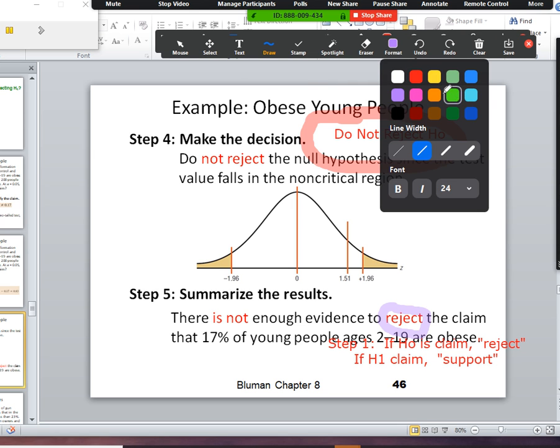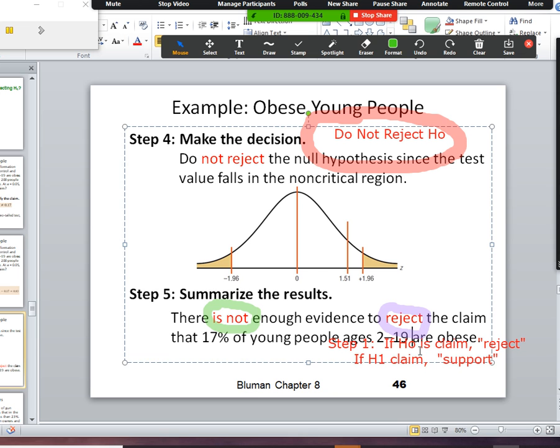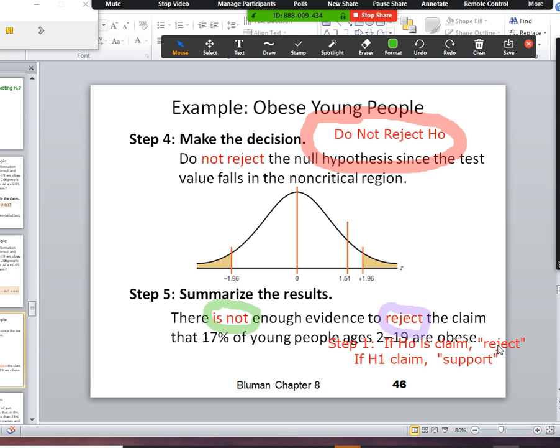Pick a different color. Maybe I should move that down a little bit. Okay, that's fine. This part over here is all about step 4. So this one depends entirely upon this part right up here. If you have enough evidence, then you'd say, if you rejected, you have enough evidence. If you did not reject, you did not have enough evidence.